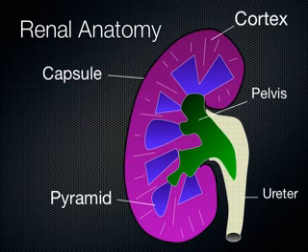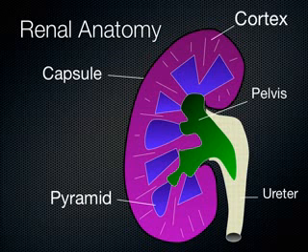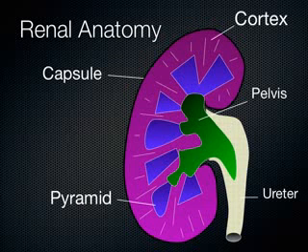And just to remind you of these details in a schematic, this is the capsule out here. Again, this is the renal cortex out here, and this is the renal pyramid. These renal pyramids all come together, coalesce together to drain the urine into the renal pelvis, sometimes called the renal sinus, which then drains out the ureter.